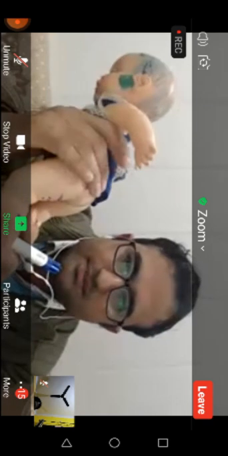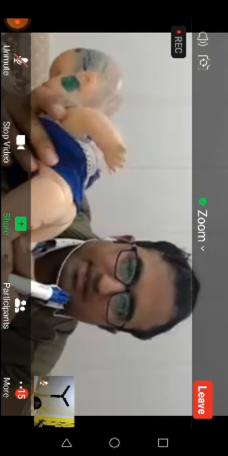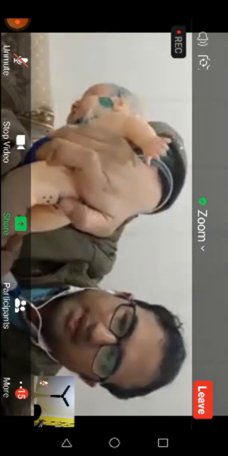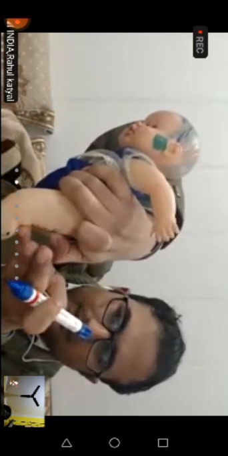Please repeat and demonstrate the points for the hamstring muscle. I am repeating. Firstly, we put one thumb in the lower gluteal crease and one finger in the popliteal fossa.